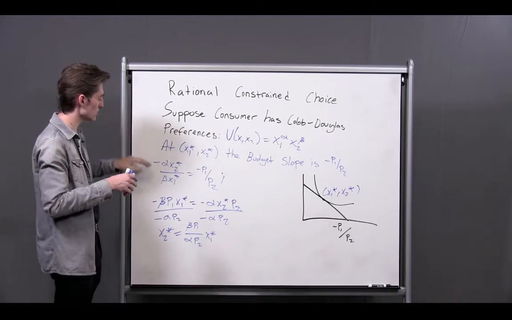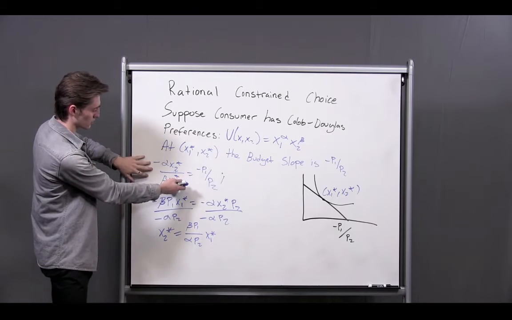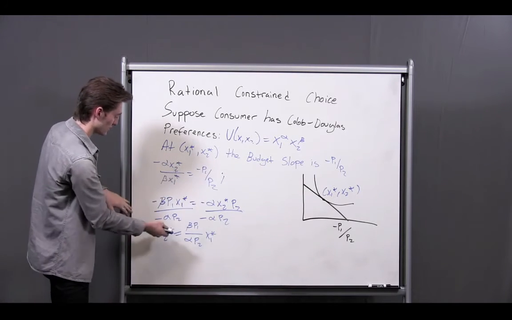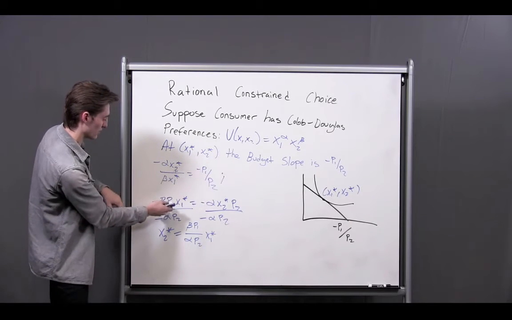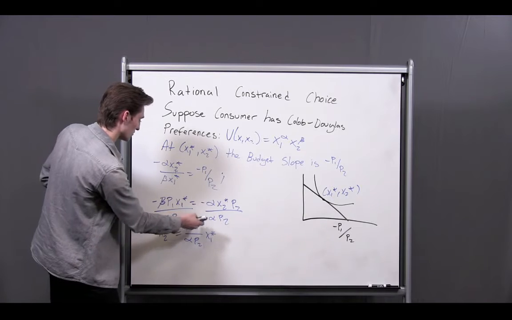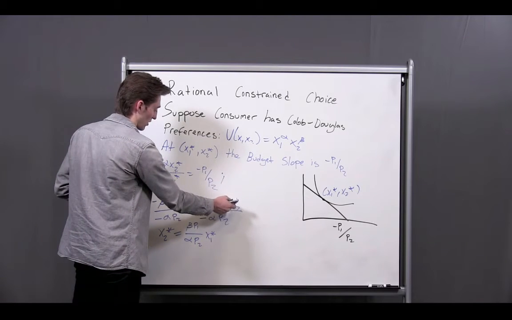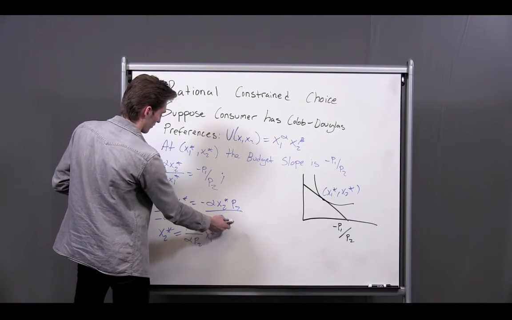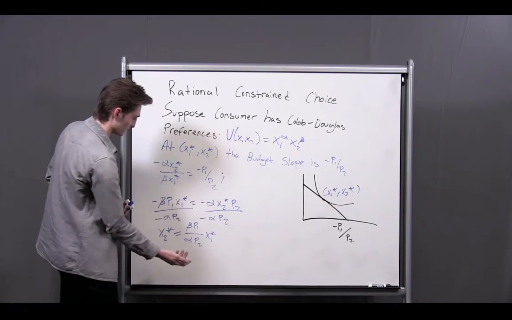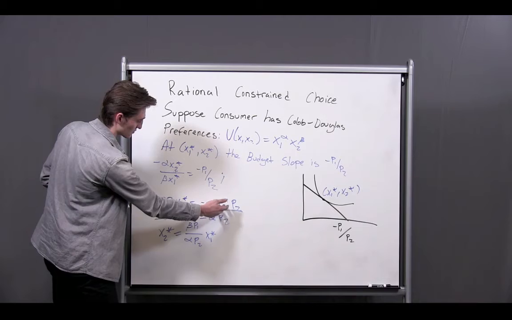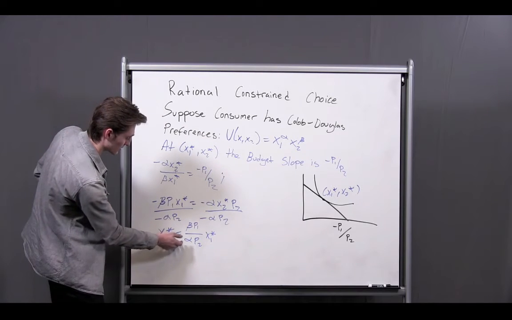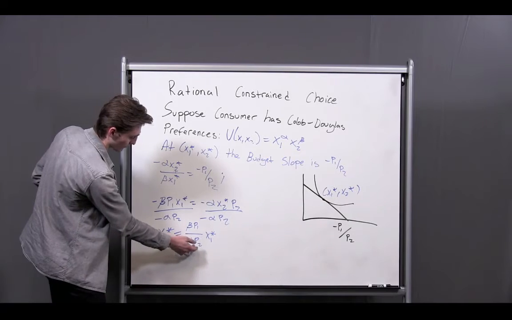So now what we're going to do is set our previous solution equal to our price ratio. We're going to cross multiply. Then we get negative beta P1 X1 star over negative alpha P2 equals negative alpha X2 star P2 over negative alpha P2. And then we're going to divide by negative alpha P2 to isolate X2 star, and it'll be equal to X2 star equals beta P1 over alpha P2.